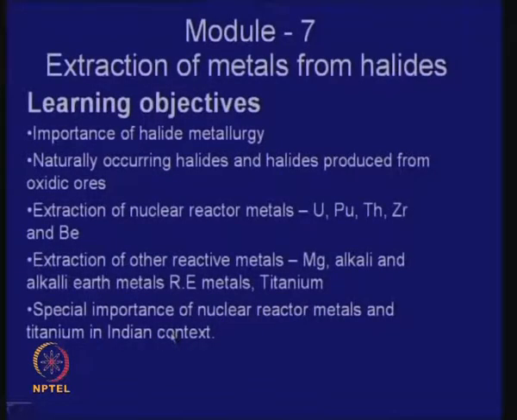Titanium, because we have big deposits of ilmenite and we are producing TiO2, which goes for the paint industry, but we are not producing titanium, whereas titanium is a very valuable metal which goes for aerospace alloys, all kinds of light metals where titanium and aluminum alloys are a must. So, we will touch basically all these.